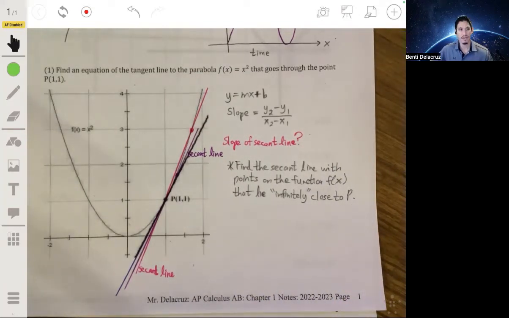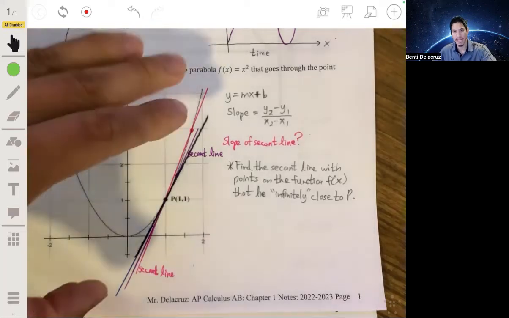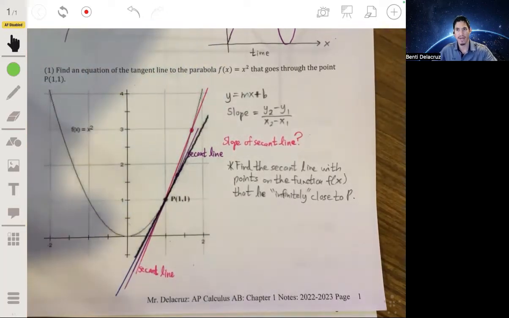So let's go through some actual examples where we apply this so we can really understand how the mathematics works.